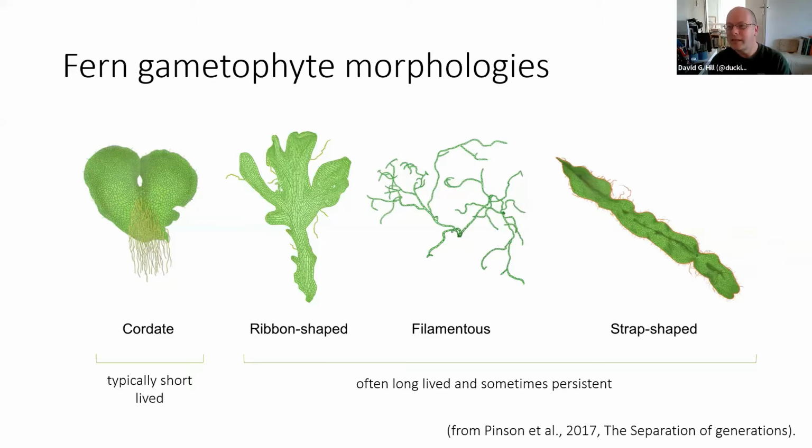In some cases, they might last for the summer, maybe until they dry out, until they're grazed by mollusks. Whereas the other forms, the ribbon-shaped and strap-shaped, the filamentous, tend to be much more long-lived. And some of them can live for hundreds of years, which has actually saved quite a lot of ferns, and I'll talk a bit about that later on.